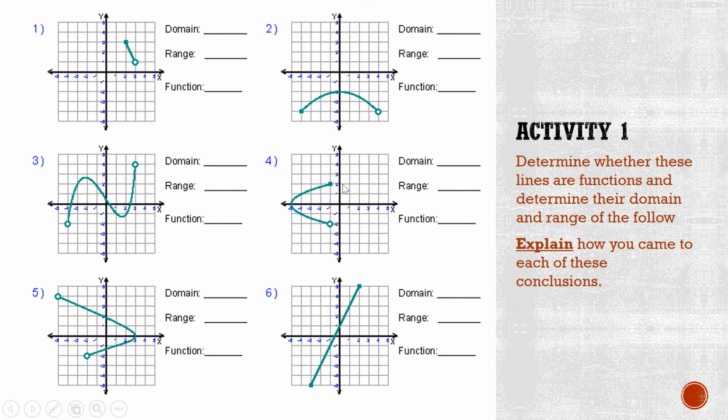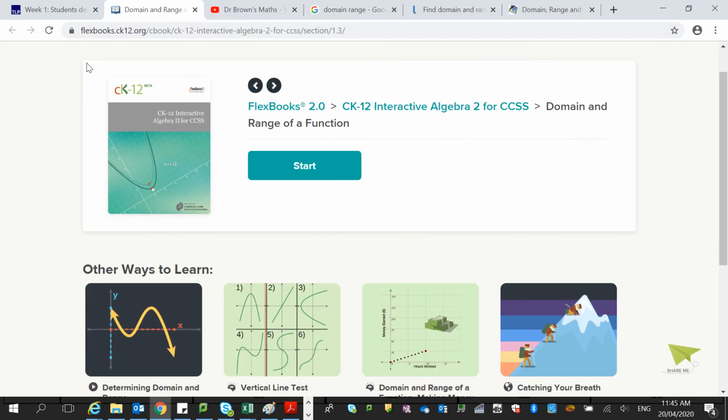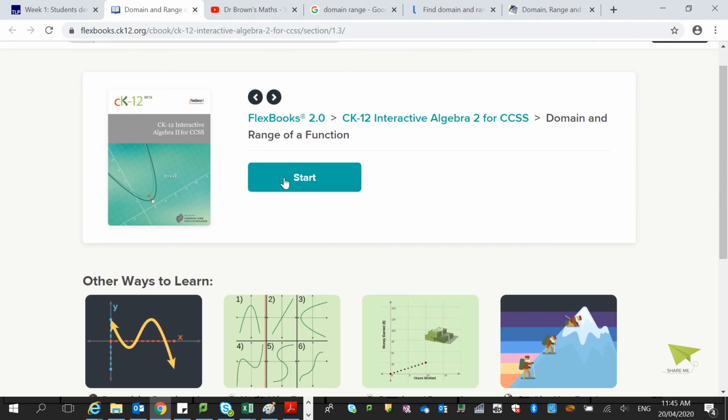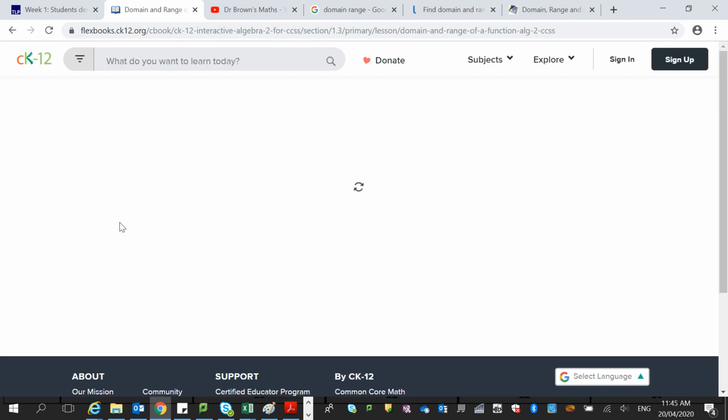Okay. So I'd like you to have a look at that. Now, before I move on to some of the writing tasks, I've also included these ck12.org links in our week 1 session. This will go through how to find the domain and range of each function. If you're having trouble, please have a look at this. There's some really good methods and some good questions in this. We can have a look through here.